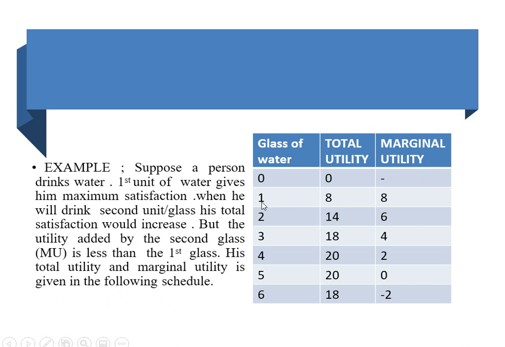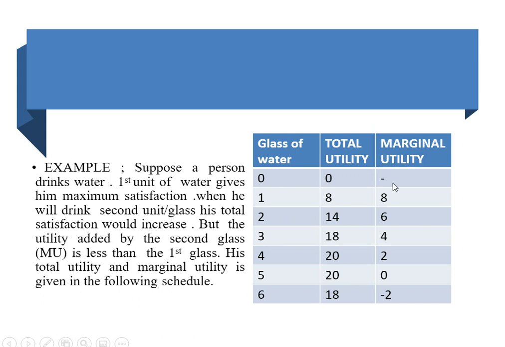When the person has taken the first glass, it will give him or her 8 units of utility. When he takes the second glass of water, his utility will become 14. And when he takes the third glass, his total utility will become 18, and so on.